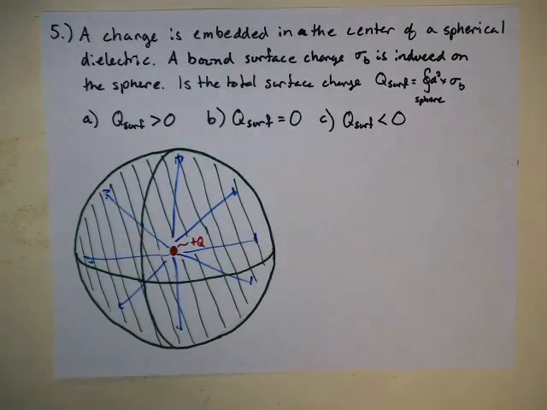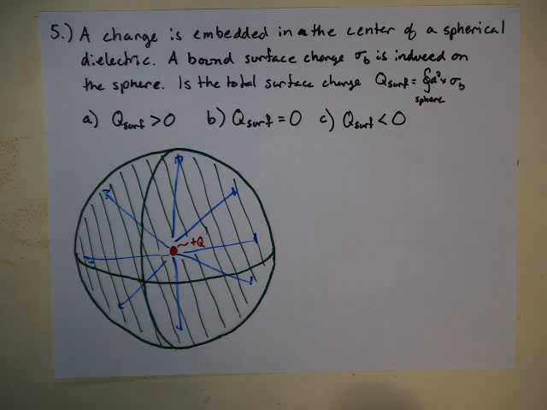out of this thing, and I know that if this is a linear dielectric, right, that the polarization is going to be in line with the electric field from this charge.